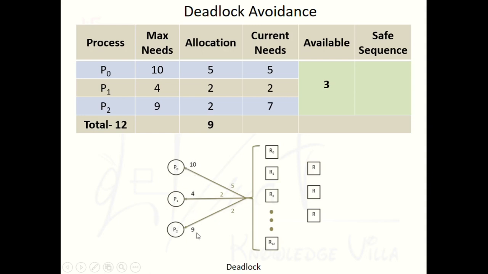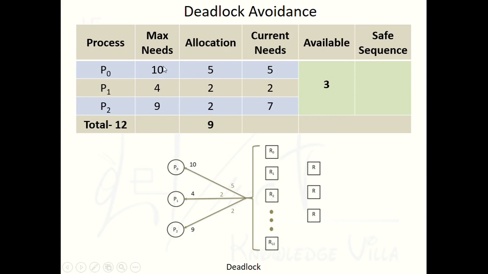The maximum needs are 10, 4 and 9. How much allocation is there? 5, 2 and 2. Total allocation is 9 resources, so a total of 3 resources are available.